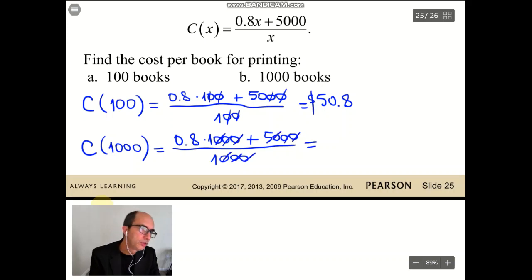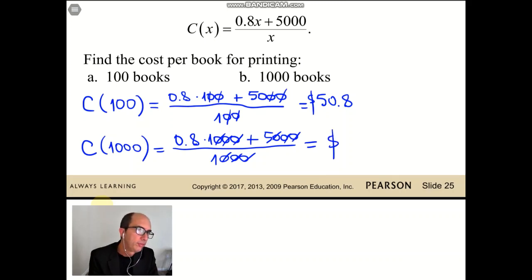This result is going to be 0.8 plus 5, which is 5.8. So $5.80 for 1,000 books, and for 100 books it is going to be $50.80.